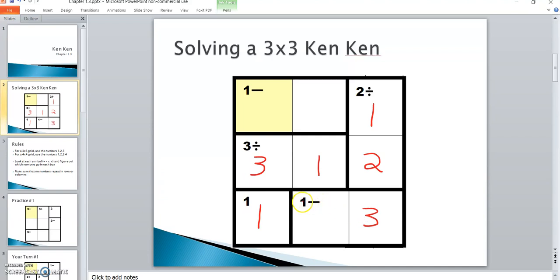Now for this one, when I take away the two numbers, it equals 1. So 3 take away 2 is 1. Or I could have looked at this and seen that it was the last number left. And of course, I'm just going to finish this off. 1, 2, and 3. And 1, 2, and 3.